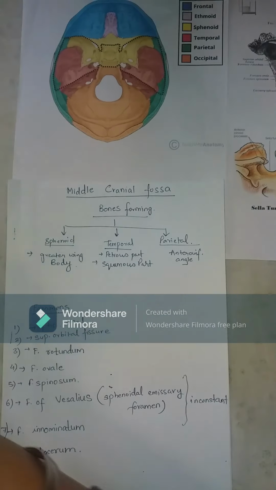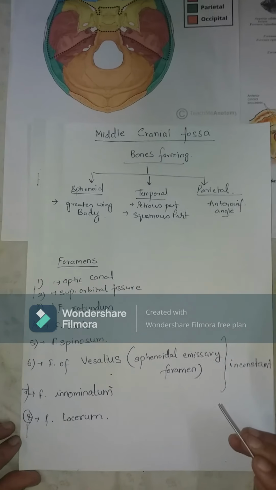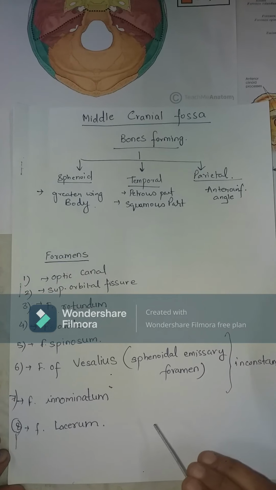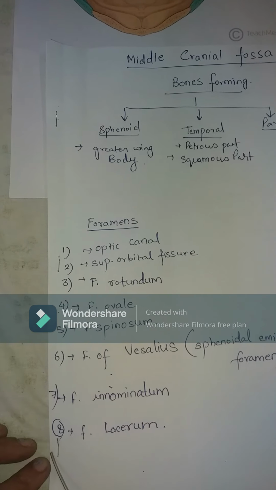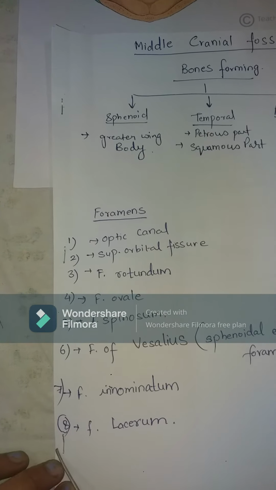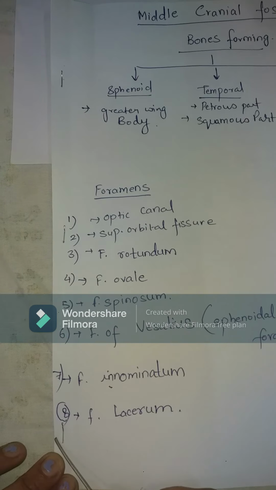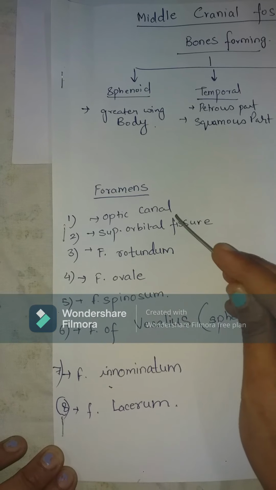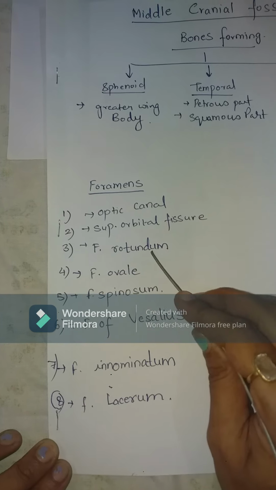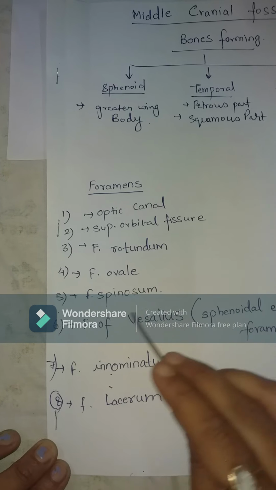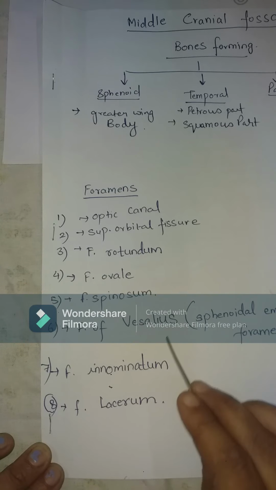What are the foramens which we need to identify? Middle cranial fossa has an abundance of foramens, and these are the 8 foramens which your teachers keep on asking and pointing during the examination. What are these? Let us first know the names before we go into the details. Optic canal, superior orbital fissure, foramen rotundum, foramen ovale, foramen spinosum, foramen of Vesalius and innominatum.